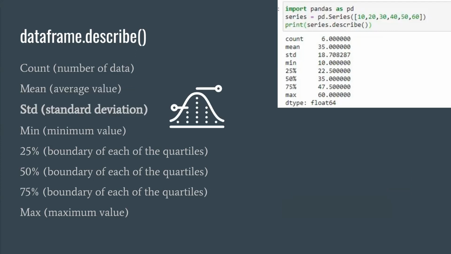Now, if we look at standard deviation, STD is the abbreviated version of standard deviation. It is a measure of the amount of variation or dispersion from the mean.